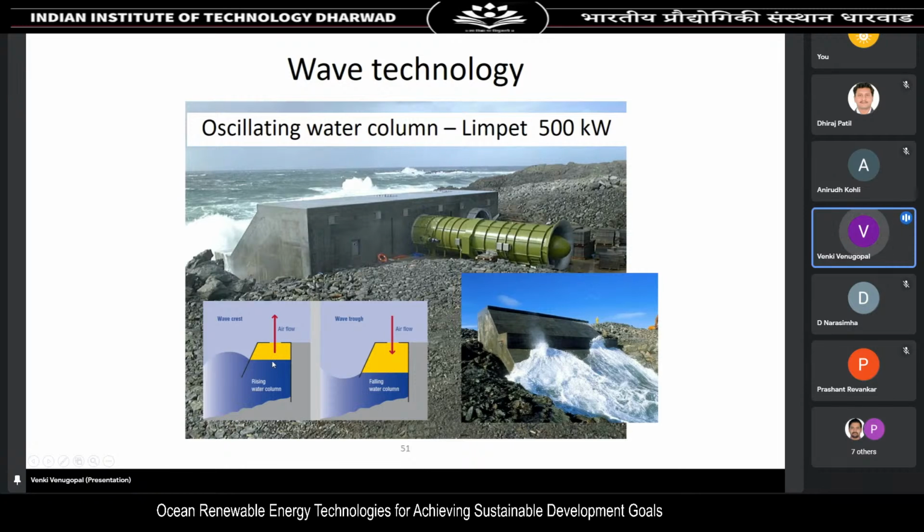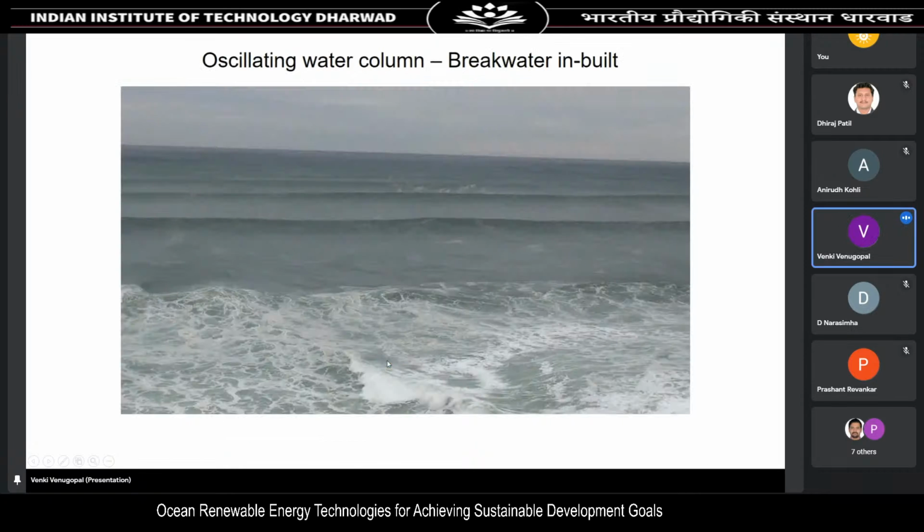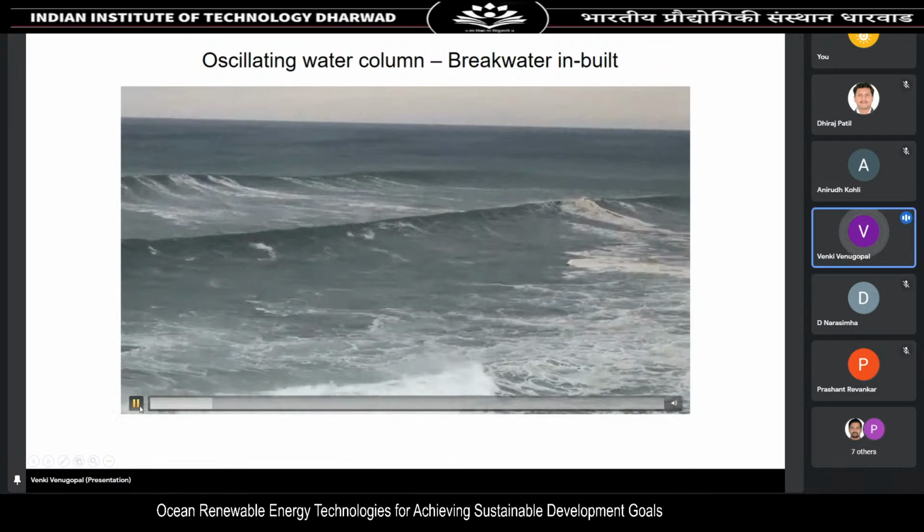Similarly, when the water level falls down, the air is drawn back into the chamber. This is a reversed process. And the Wells turbine, we all know, is made to rotate in one direction, whether the wind is from left to right or right to left. So this is a unidirectional rotating turbine concept. And when you build them within a breakwater, this is what happens.